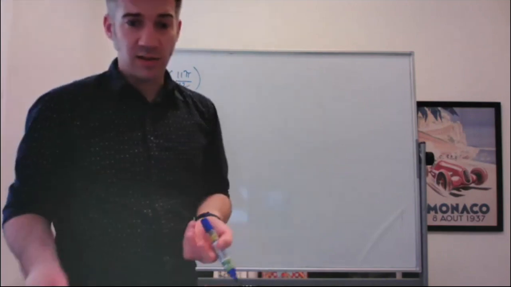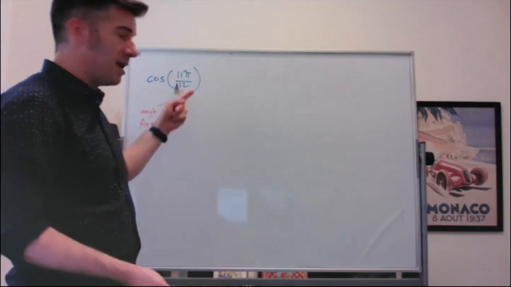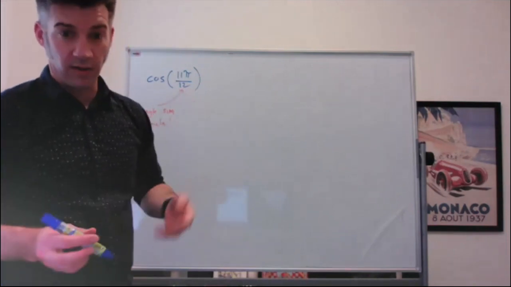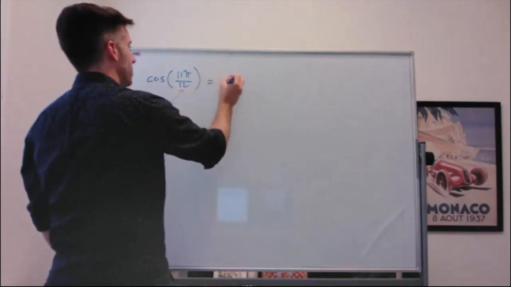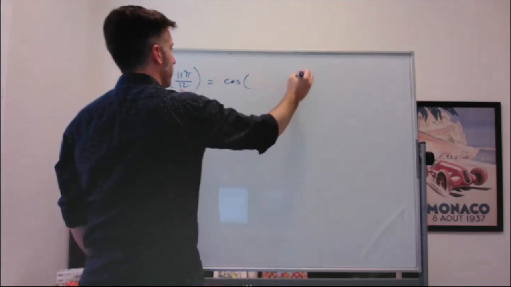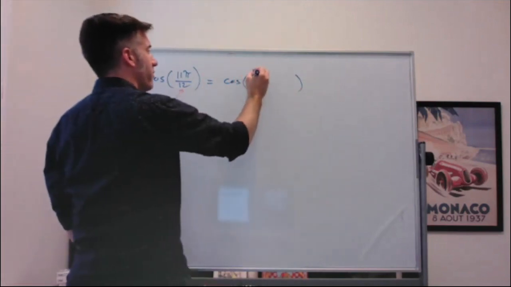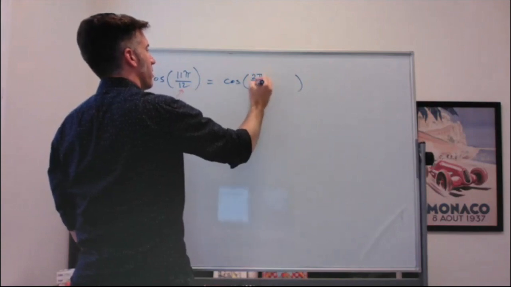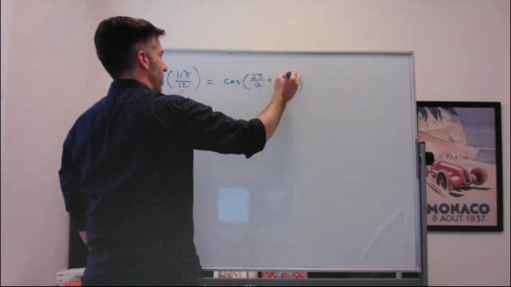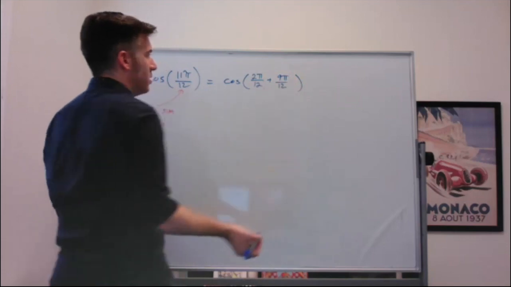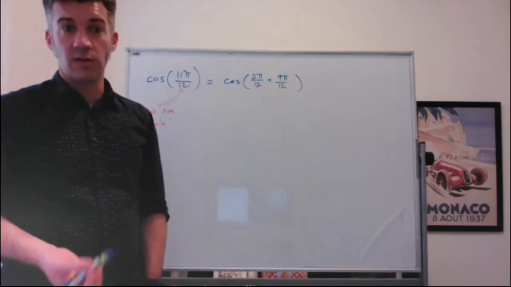But before we can use the angle sum formula, we have to write the angle as a sum of two other angles. So I'm going to write this as cosine of 2 pi over 12 plus 9 pi over 12. You just have to pick two fractions that reduce.